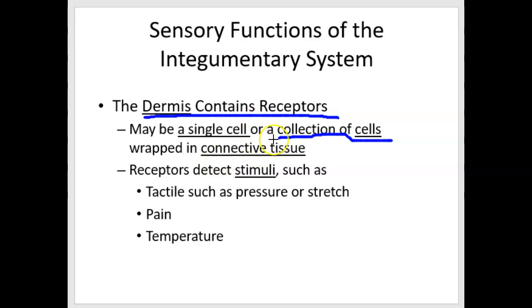So it can be either, but it's not a single protein. We don't use this term receptor the same as we've done in the past with cell membrane receptor. That's just a protein. This is a whole cell. So some of the stimuli that are detected by the receptors in the skin include pressure, stretch, touch, pain, and temperature.